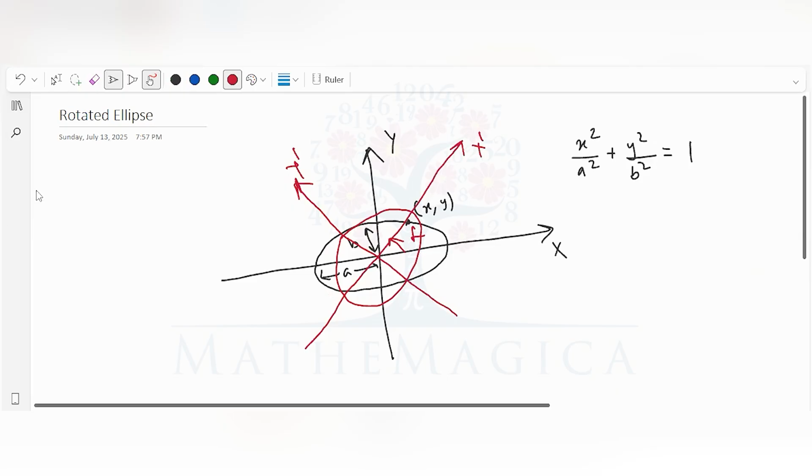One thing we can say for sure is that with respect to the x prime y prime plane, the equation of this rotated ellipse is x prime squared by a squared plus y prime squared by b squared equal to 1. Today's discussion is about what would be the equation of this rotated ellipse in the xy plane.